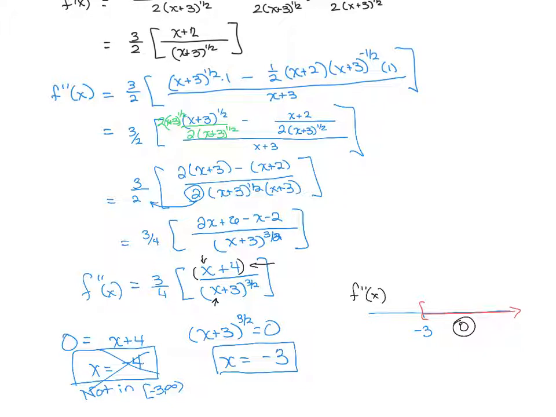If I stuck in a 0, that would be positive, divided by a positive, times 3/4 is positive. What that tells me is that f of x is concave up for the entire interval from -3 to infinity. Okay, hope that makes sense. It's a lot of algebra going on, and so it's easy to make a mistake on this one.